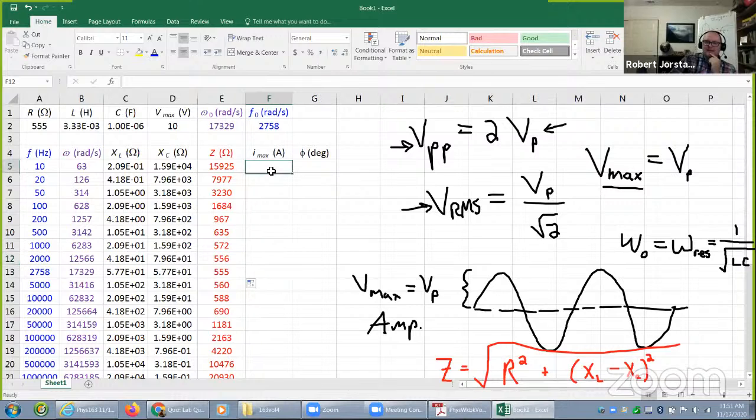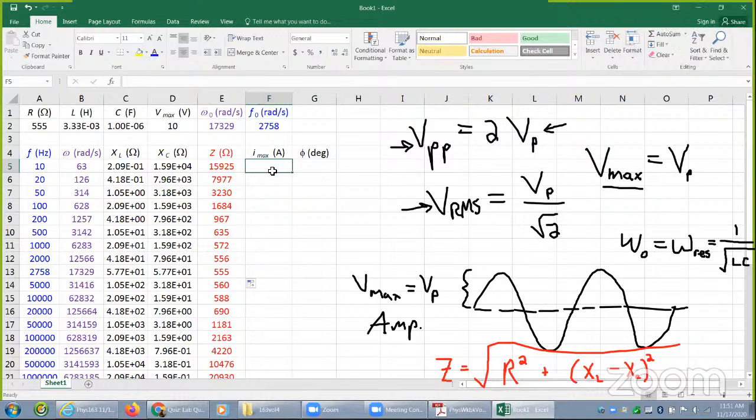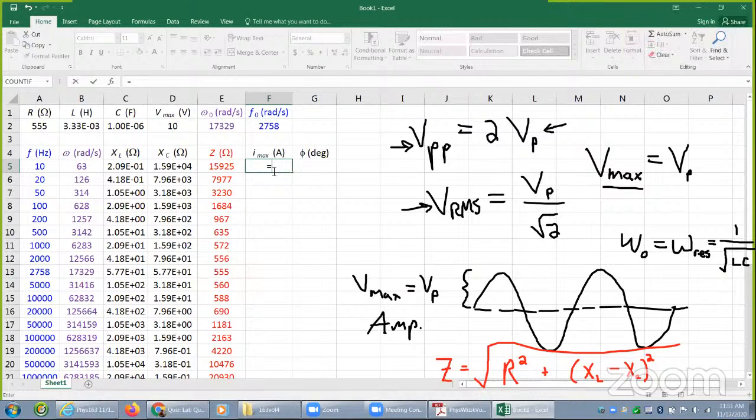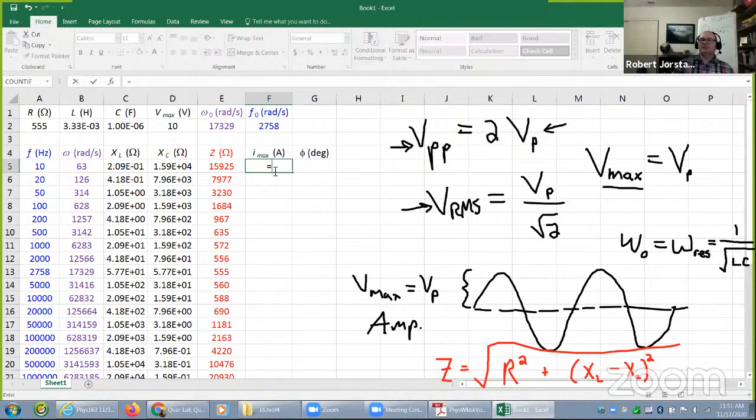How do I get the current amplitude? Remind me. Isn't it just Vmax over XC? Not XC. It's Vmax over XL? Nope, you're close. Z. Yes, Z includes contributions from both the inductor and the capacitor.